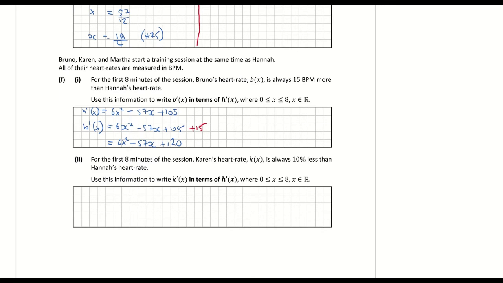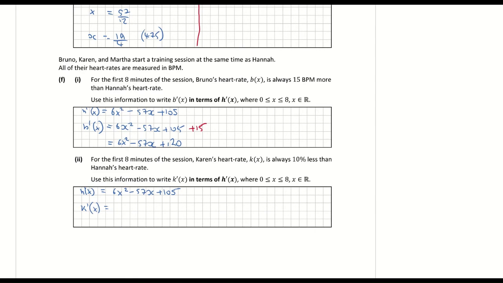Part 2, for the first 8 minutes of this session, Karen's heart rate, K of x, is always 10% less than Hannah's heart rate. So once again, I need Hannah's H dash of x, which is 6x squared minus 57x plus 105, found elsewhere. And I'm getting Karen's now, so K dash of x, and it's 10% less than Hannah's, which would be 90% of Hannah's.